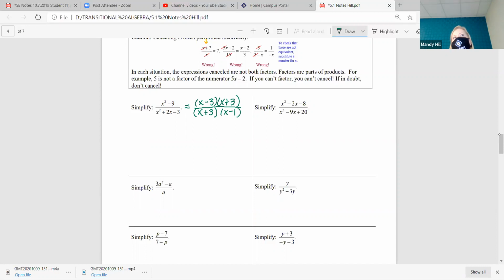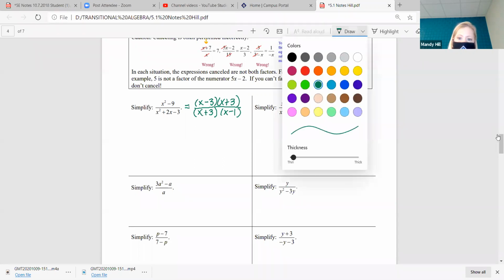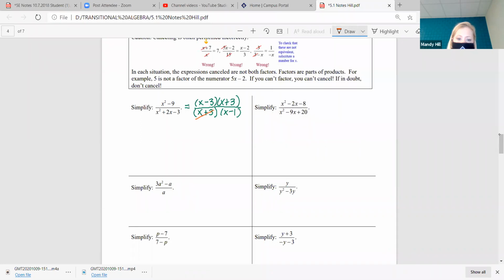If you're still stuck on the factoring, make sure you finish chapter 4 before you get into this, because you need to be able to factor. Since I know that, I'm seeing two things that are the same: the x plus 3s, so these can cancel out. They turn into 1, and my final answer is x minus 3 over x minus 1.